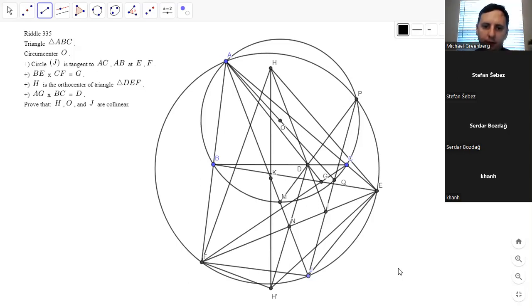So yeah, triangles AKH and JKH prime are congruent, I think. Yes. So AHJH prime is a parallelogram. And we have a lot of, so FJ and FH are isogonal, and EH prime and EA are isogonal.